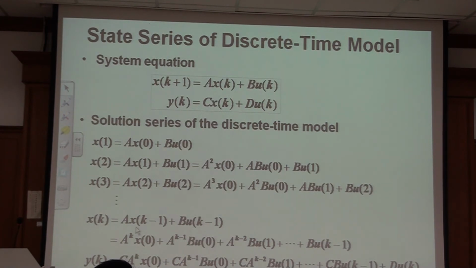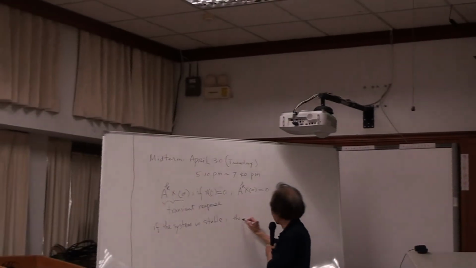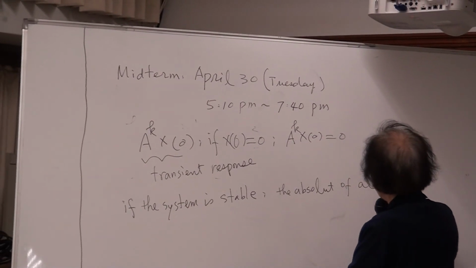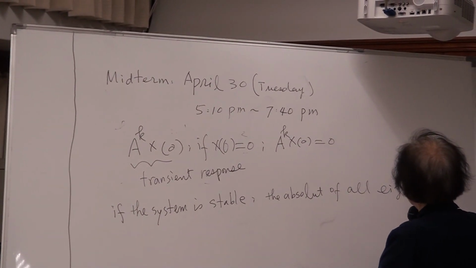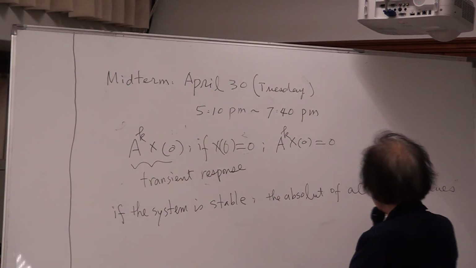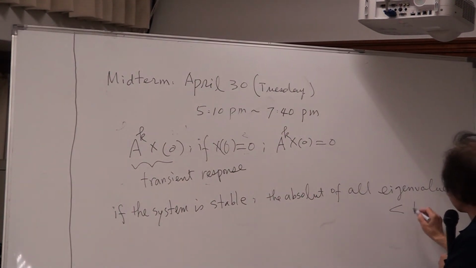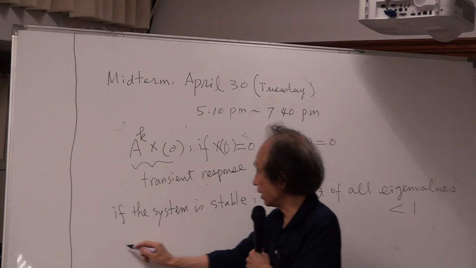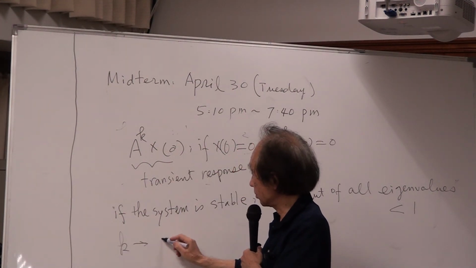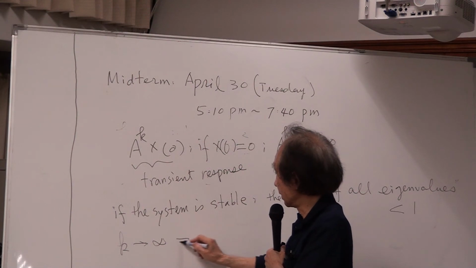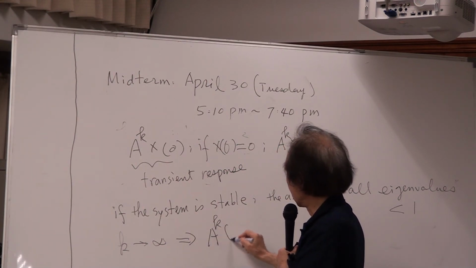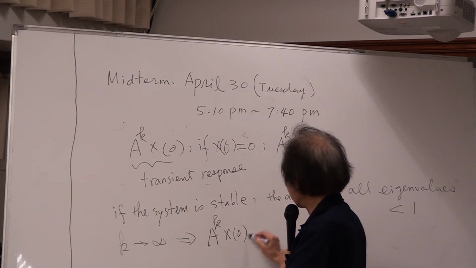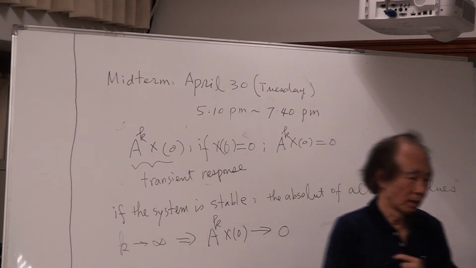That means the absolute value of all eigenvalues will be less than 1. All right? Now, if that's the case, when k goes to sufficiently large, then a to the k x0 will approach 0.